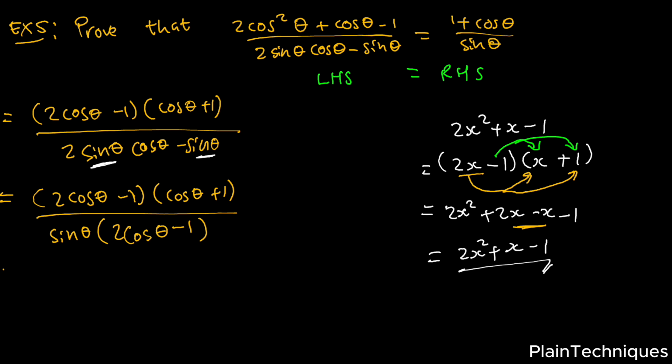All right, now look at this. 2 cos theta minus 1 is the same as 2 cos theta minus 1 here. That means these two can cancel each other, right? What am I going to be left with? I'm only going to be left with cos theta plus 1 in the numerator, and in the denominator sine theta.